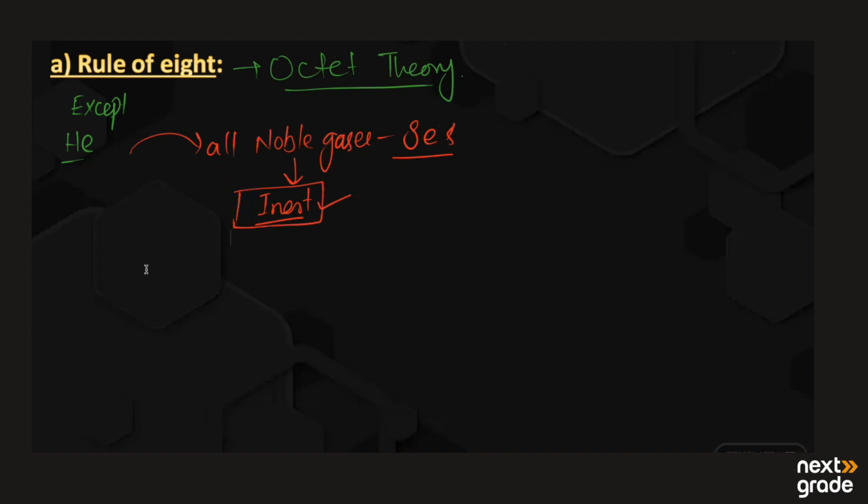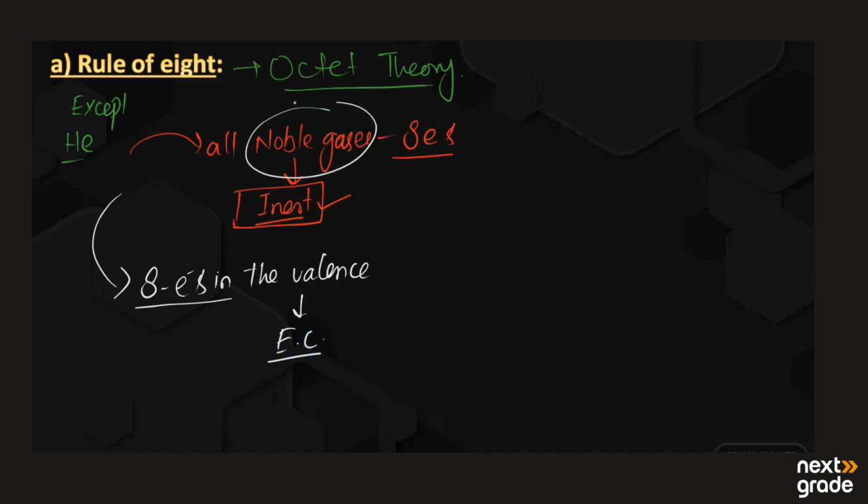So all the elements tend to gain 8 electrons in the valence shell. And why do they tend to gain 8 electrons in their valence shell? The simple answer is to get the electronic configuration of 8 electrons that is near to the noble gases.